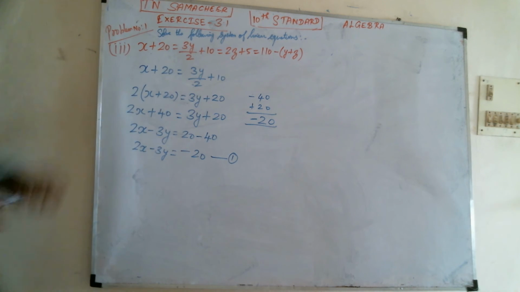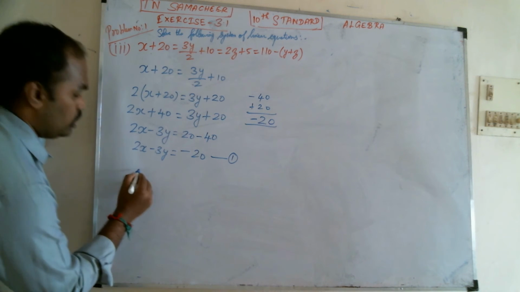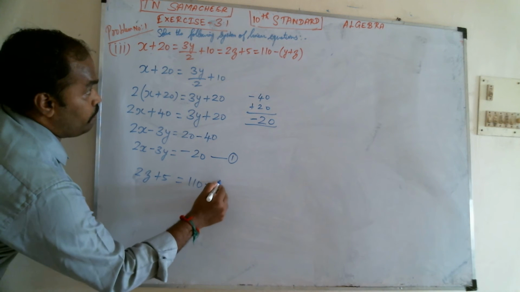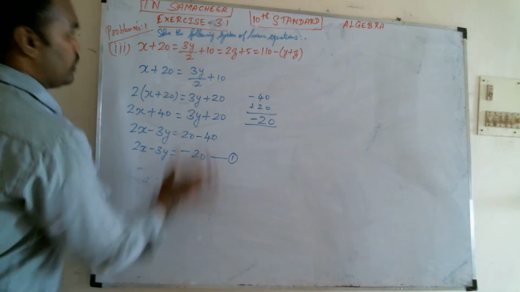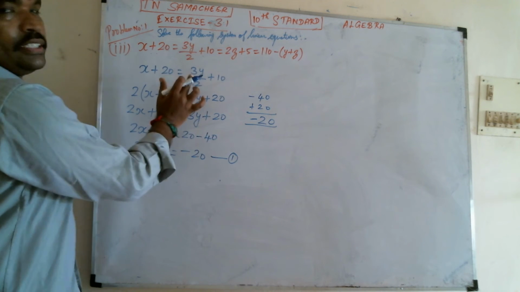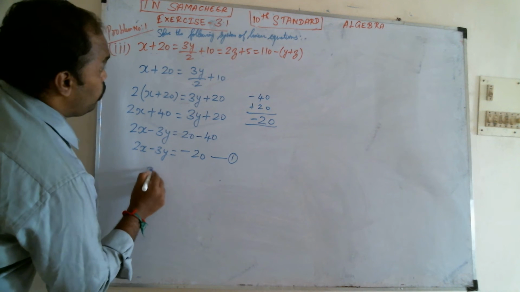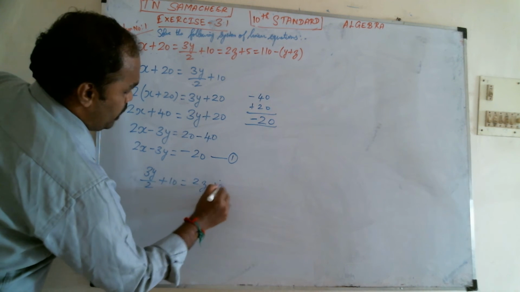The next, second equation. This value with this value. 2z plus 5 equal to 110, or else we can do this one. First and second we did. Second and third we can do. 3y by 2 plus 10 equal to 2z plus 5.